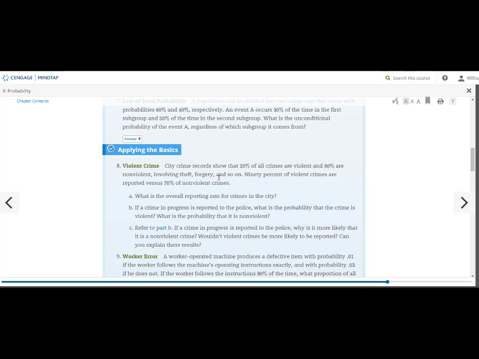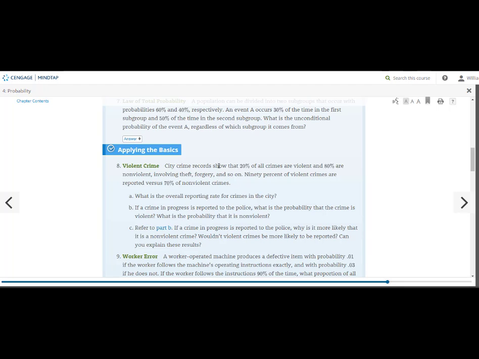Since we know that this is in the Bayes' rule section, we're probably going to have to use Bayes' rule or the complete probability rule. Probably there's going to be some partition involved here. So let's assume that that's true and look for it as we read the problem.